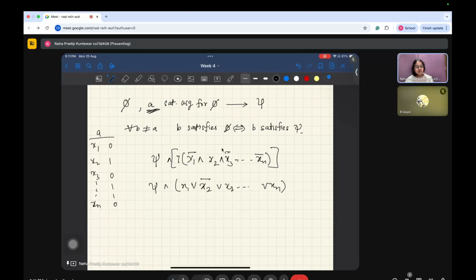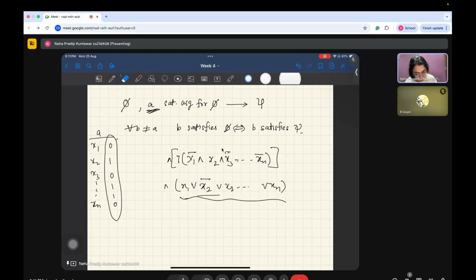So this ensures that if such an assignment to x1 through xn is given, then this part of the formula will become false, and therefore the entire formula, sorry, I think this should be phi and this. So this ensures that this particular assignment can never appear; if it does, the formula will necessarily become false.